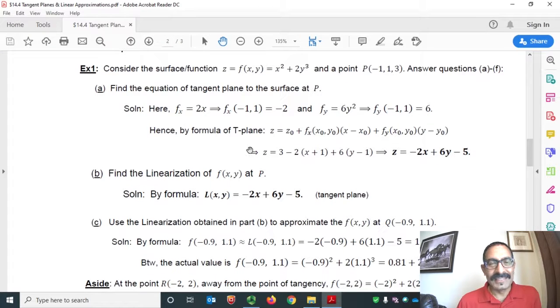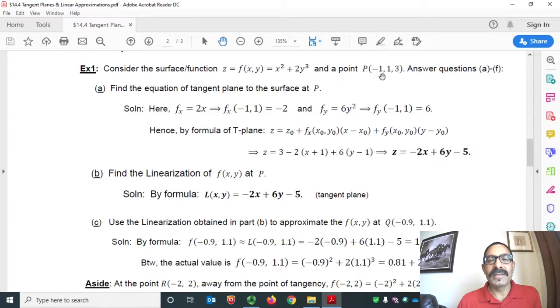Hence by the formula of the tangent plane, z equals z0 plus fx at P times (x minus x0) plus fy at P times (y minus y0). So here z0 is 3, fx is -2, fy is 6, and x0 is -1, y0 is 1.